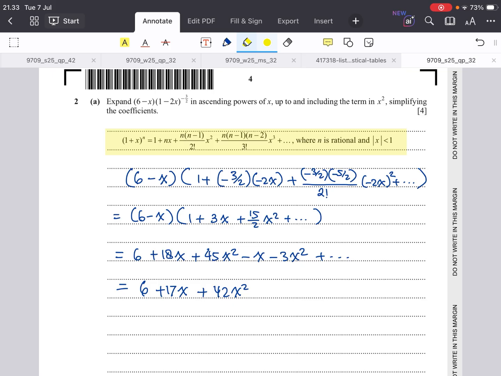We need to expand until x squared only. So we simplify it into 1 + 3x + (15/2)x².